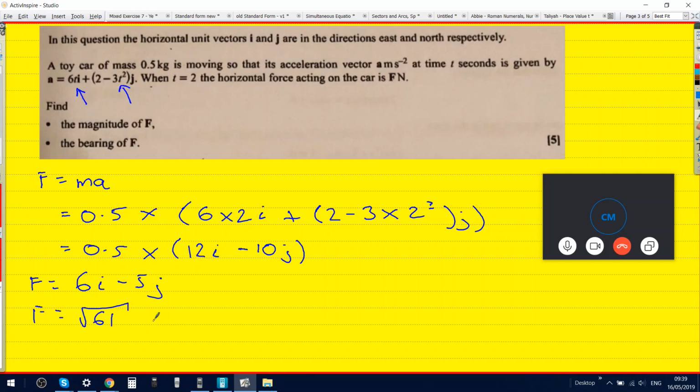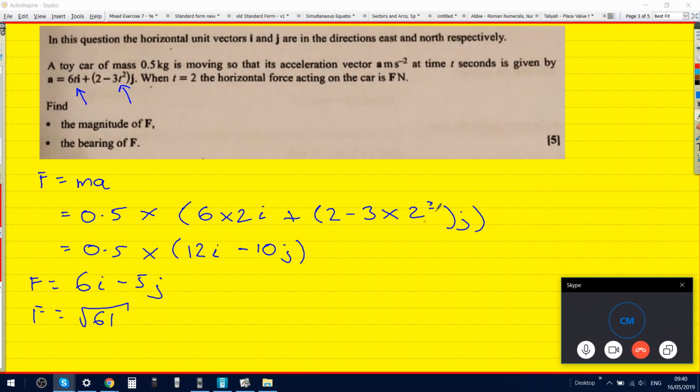And then the bearing, how do you do that? I'm not sure with the bearing. So if you have a sketch, F was 6i minus 5j, so it's going to be something like that.